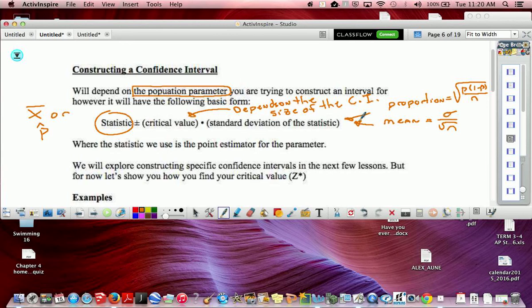Now, getting back to this critical value, since it depends on the size of the confidence interval, for some of our confidence intervals, and for all of them for right now, it really acts as a z-score. It basically tells you how many standard deviations you want to be away from your parameter of interest.